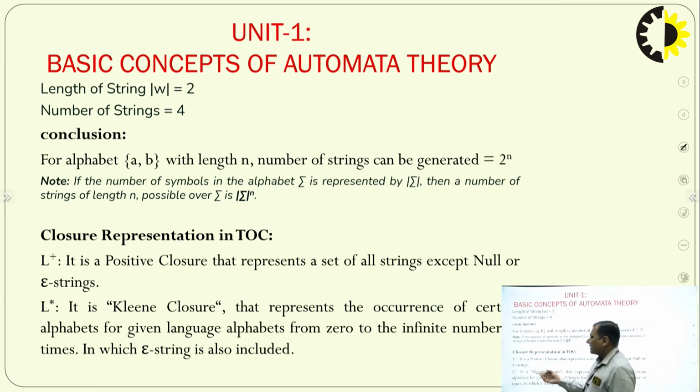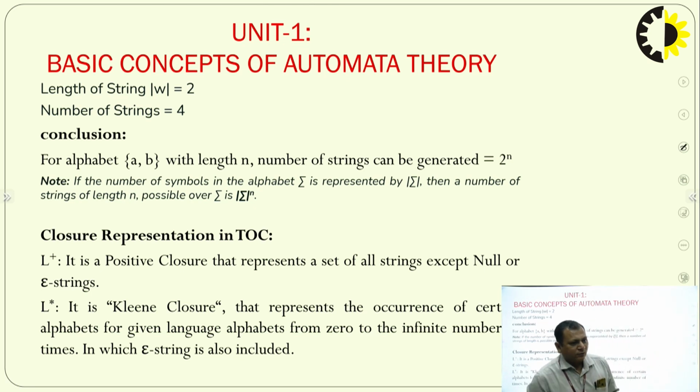And now the L star, it is called the Kleene closure or Kleene star that represents the occurrence of certain alphabets for a given language, from 0 to infinite number of times.